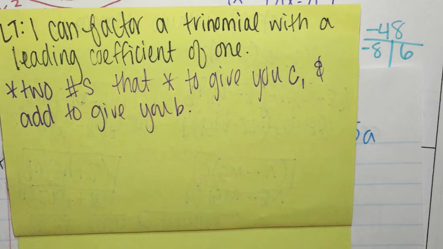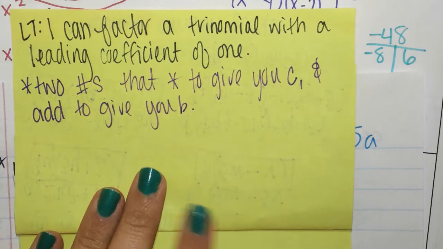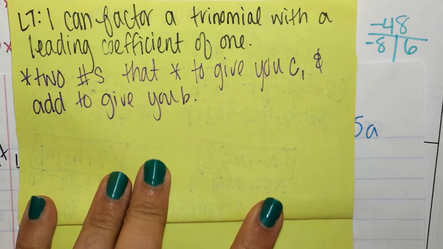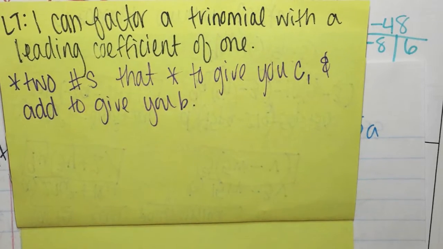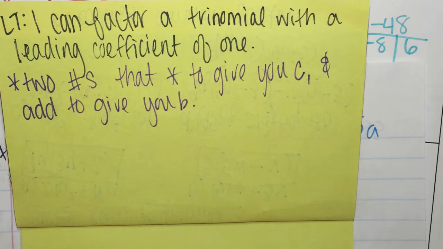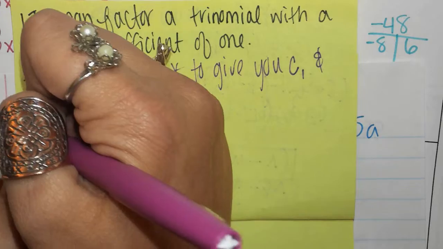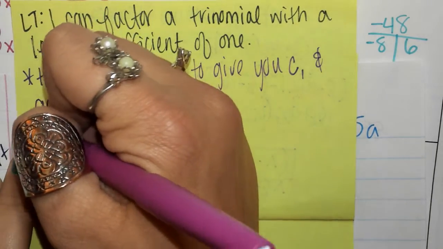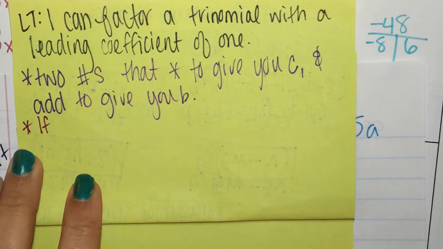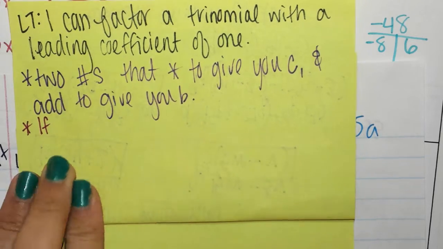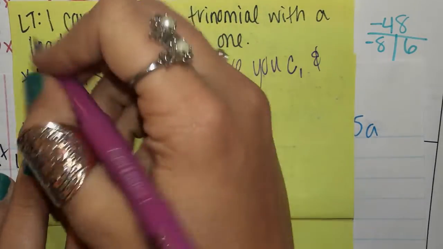Okay, now, do we have to check the signs? Yes. What is important about the signs? What happens if C is positive? It's also on the poster up there, the figure that says factoring. Take a point for looking at your notes.